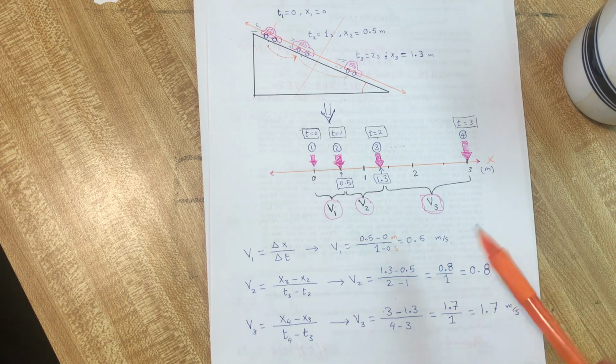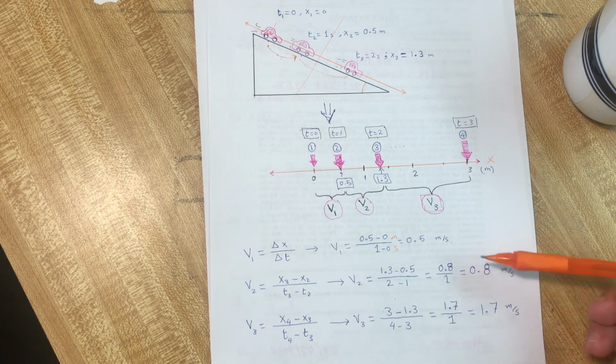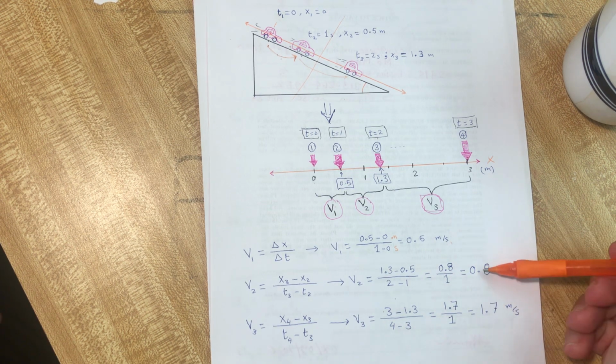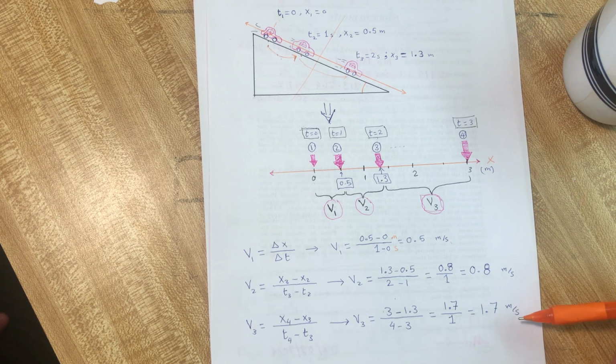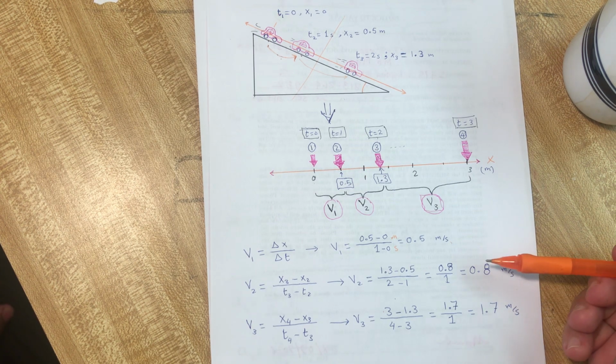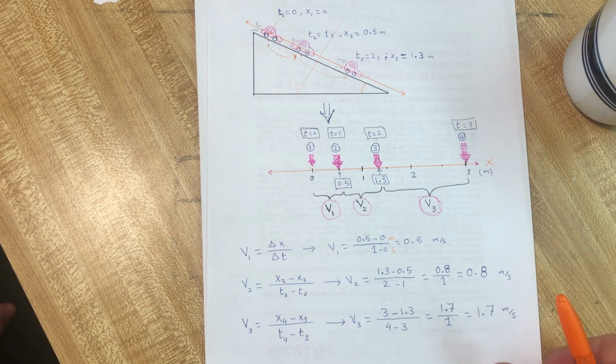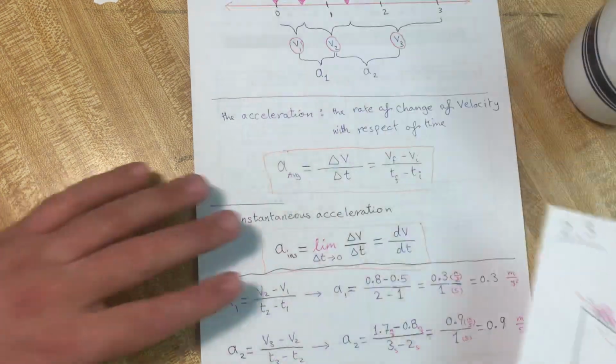When we have a change in velocity, then we have acceleration. This is the meaning of acceleration. Sometimes that change will be in the positive direction, sometimes in the negative direction, and we have positive acceleration and negative acceleration. We will see that in the examples.